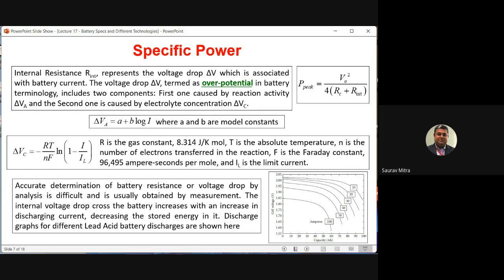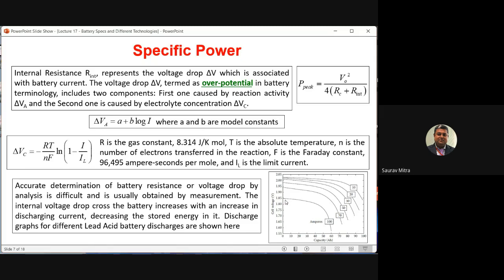If I am asking for lower current, you will get a high initial voltage. For a lead acid battery, it is 2.03 volt. If I am asking for 10 ampere current, we can start from 2.03 volt. But if suddenly I am asking for too much current, around 100 ampere, then this will not start from 2.03, but from 1.85.